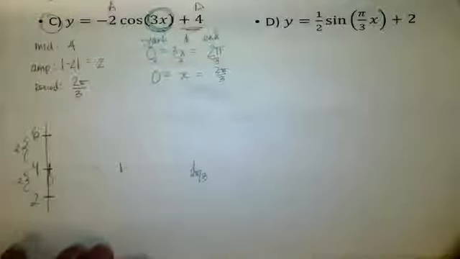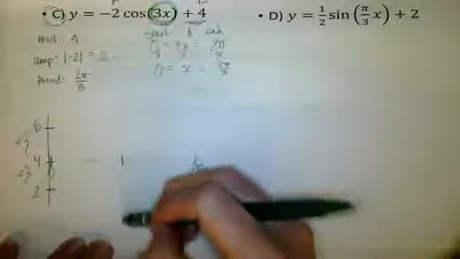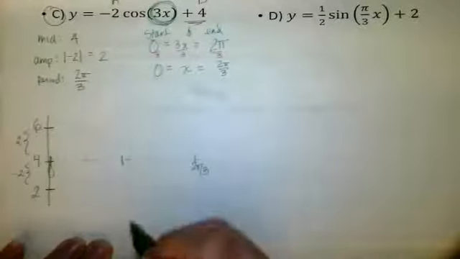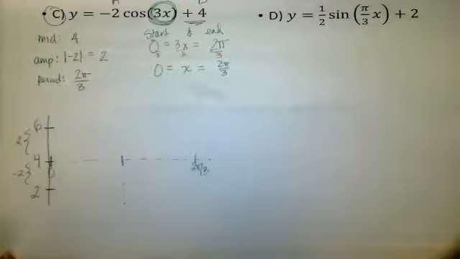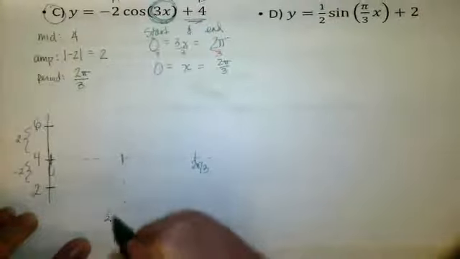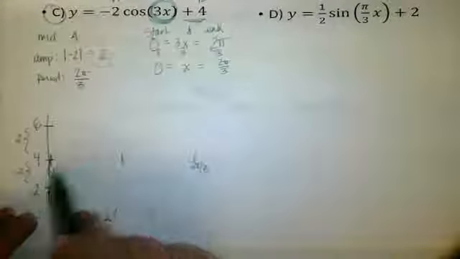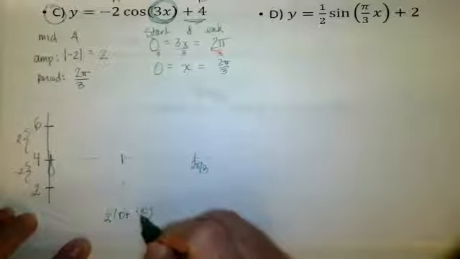Some of you figured that out. But I want to tell you that there's a very specific way that I'm saying that. What is halfway between 0 and 2 pi over 3?